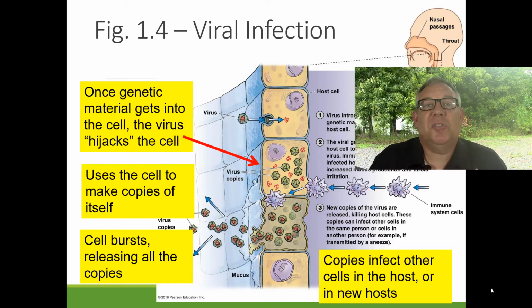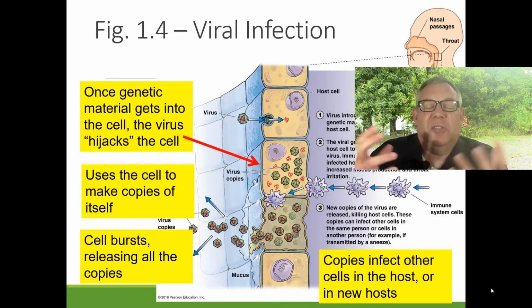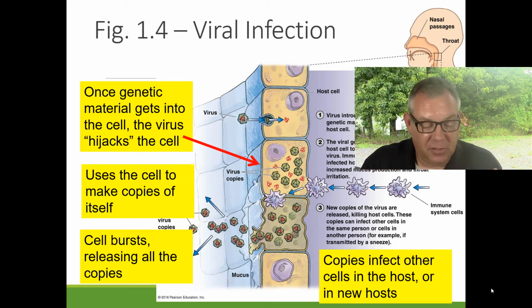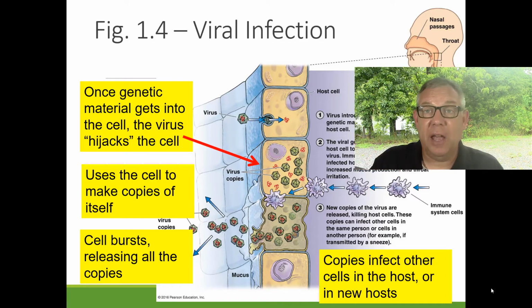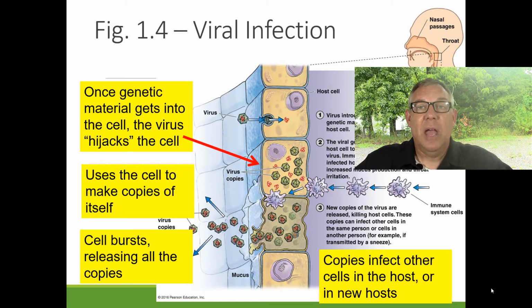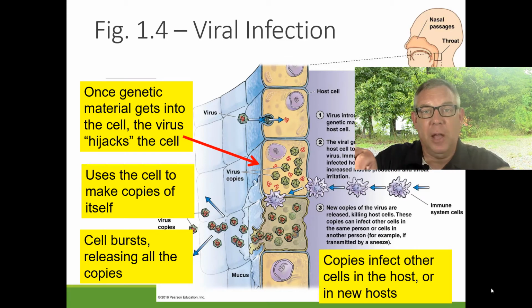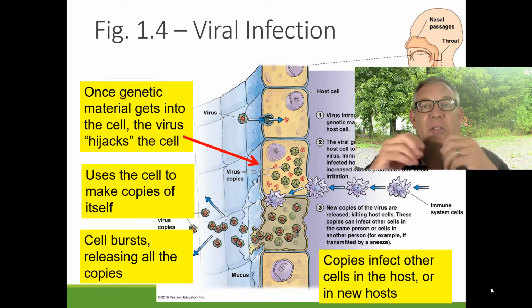And so now the host cell is just filled with thousands and tens of thousands of copies of this virus, and eventually the cell bursts and releases all those copies. Of course, that kills the cell, and then now you've got a whole bunch more copies, and they can go and infect other cells in your body. And each of those cells can make more copies, and so on and so on.